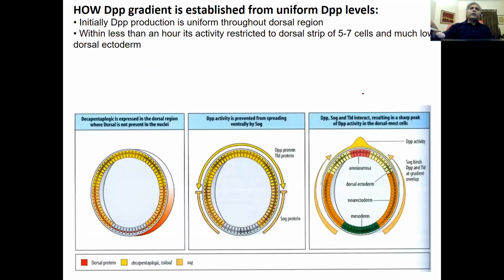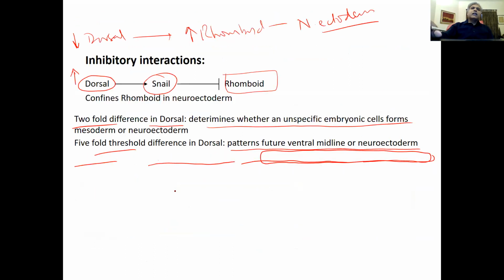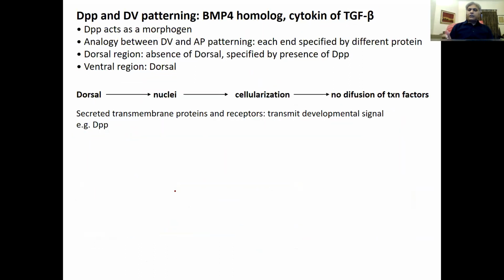So now we are going to learn about the dorsal axis formation. This is the dorsal region, and the proteins involved are DPP and associated proteins. I told you DPP is a homolog of the TGF beta cytokine family.